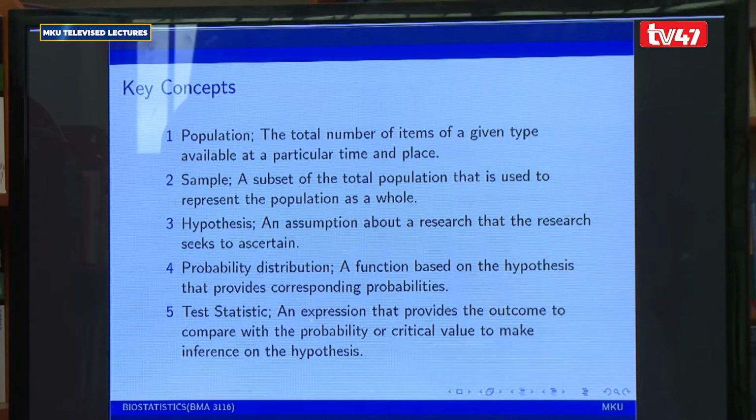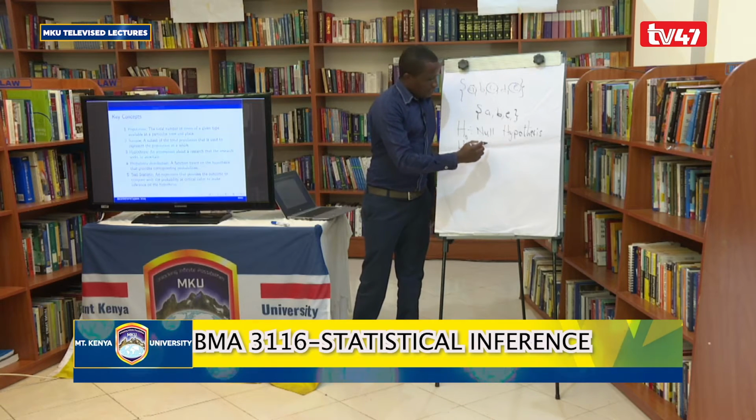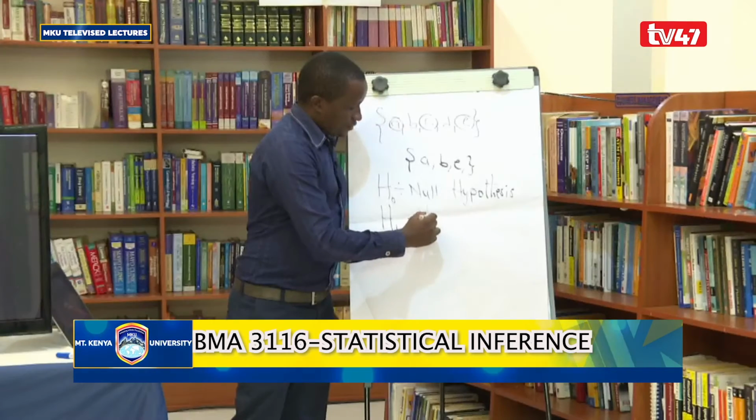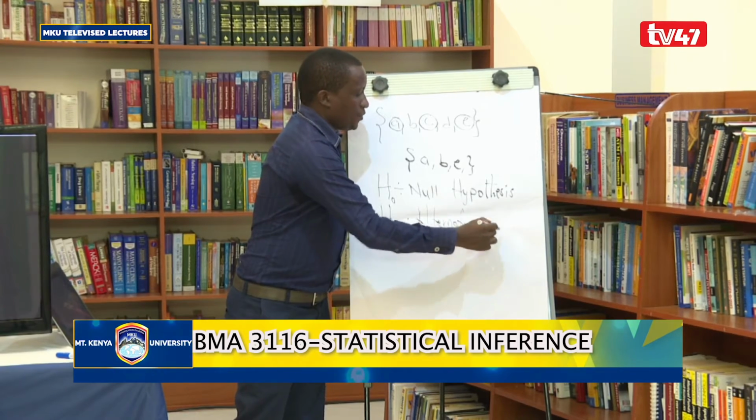So we will have two types of hypothesis. One normally labeled H naught. This one will be called the null hypothesis. And then we will be having an alternative hypothesis labeled H1, which is normally called the alternative hypothesis.